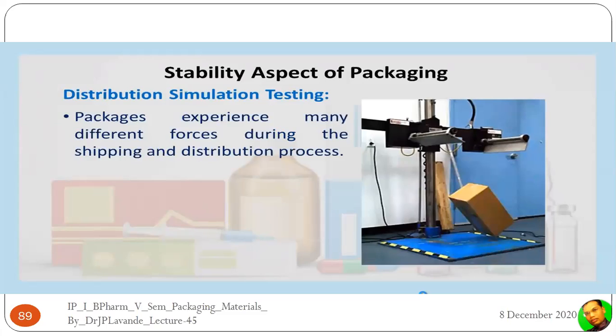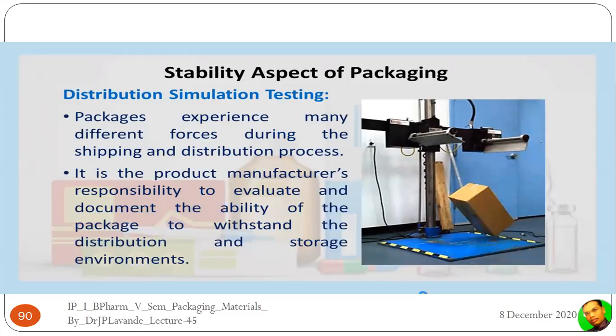Packages experience many different forces during the shipping, distribution, and handling processes. So it is the product manufacturer's responsibility to evaluate and document the ability of the package to withstand the distribution and storage environment.